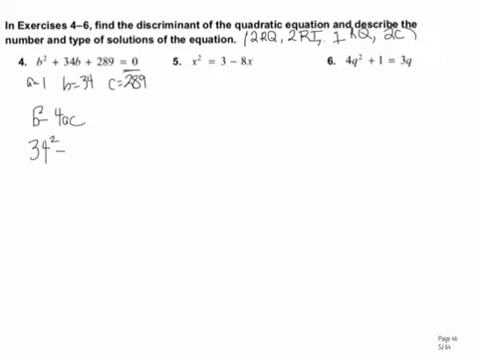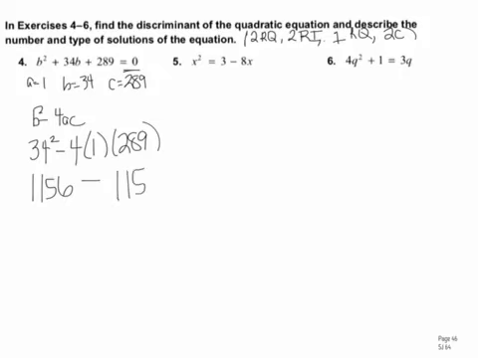I'm going to have to grab a calculator for this one. b squared is 1,156, minus 4 times 1 times 289, which is 1,156. 1,156 minus 1,156 is 0.